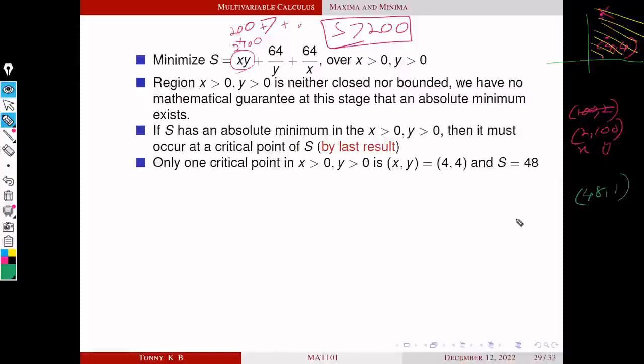Similarly, you can remove another point, suppose you consider (48, 1). Is it a minimum point?